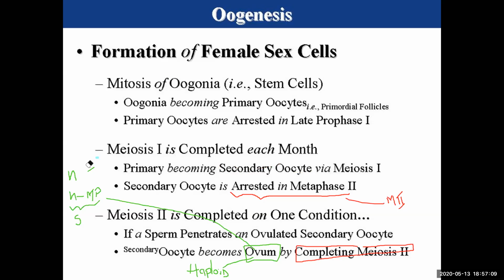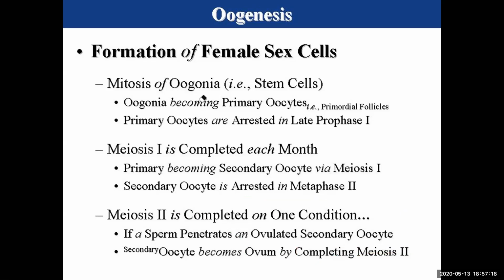So the next slide should have a picture going back in detail, showing you which part of cell division each oogonium goes through.